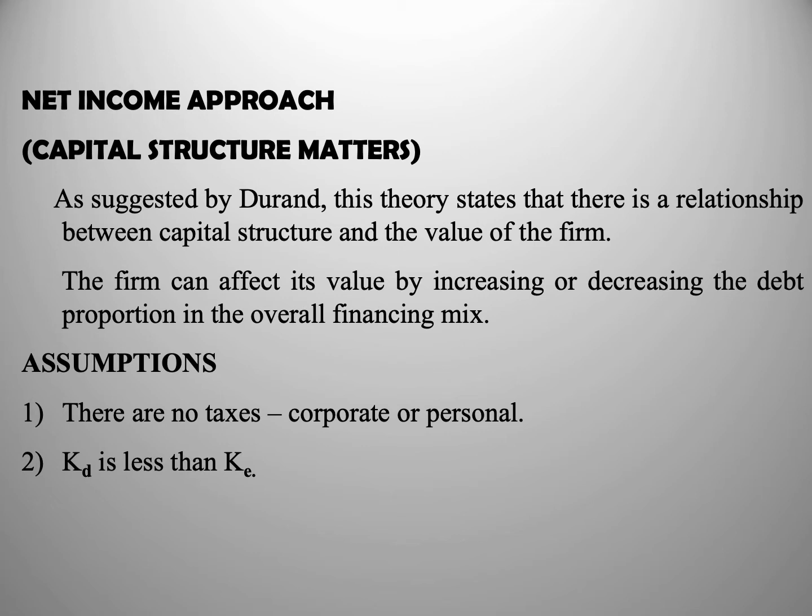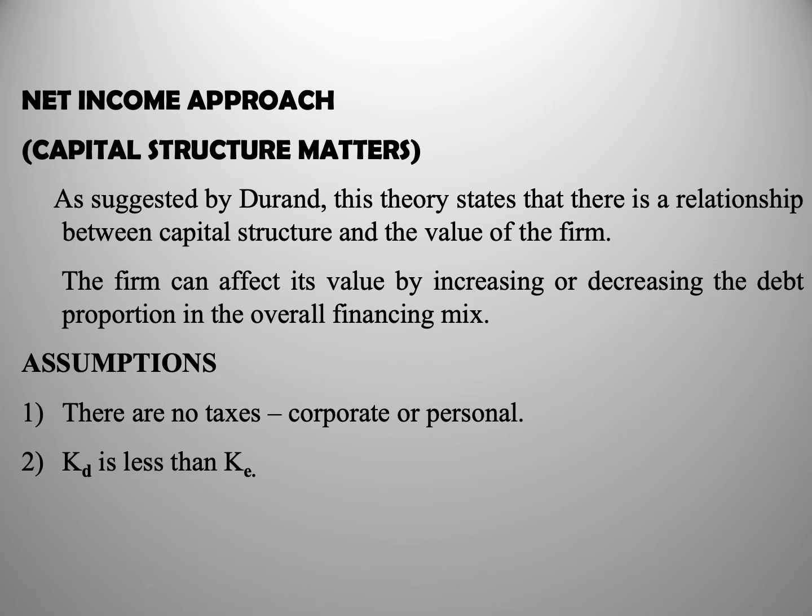According to him, as we use more and more proportion of debt in the capital structure, our overall cost of capital will decrease and the value of firm will increase, and vice versa. So as suggested by Durand, this theory states that there is a relationship between capital structure and the value of the firm. The firm can affect its value by increasing or decreasing the debt proportion in the overall financing mix.